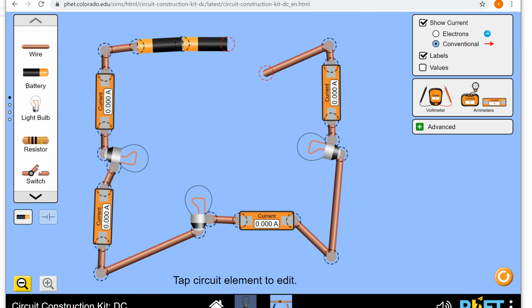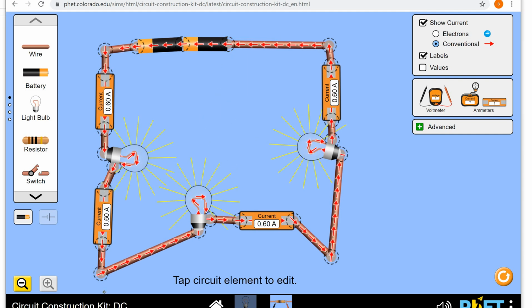3, 2, 1, and here we go. Bang. They are all 0.60 amps.